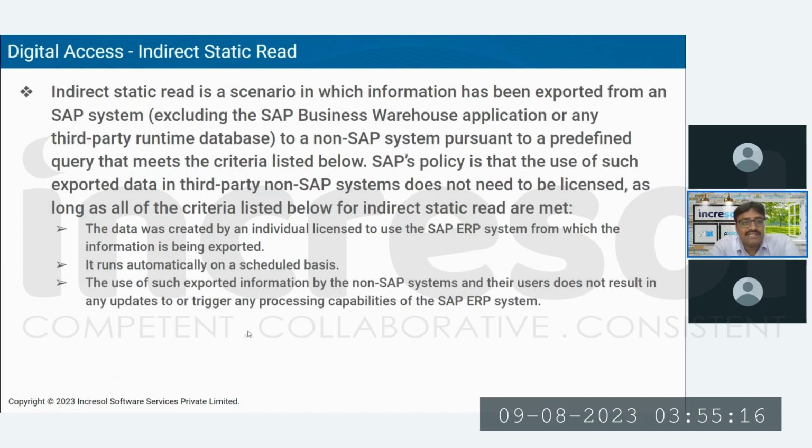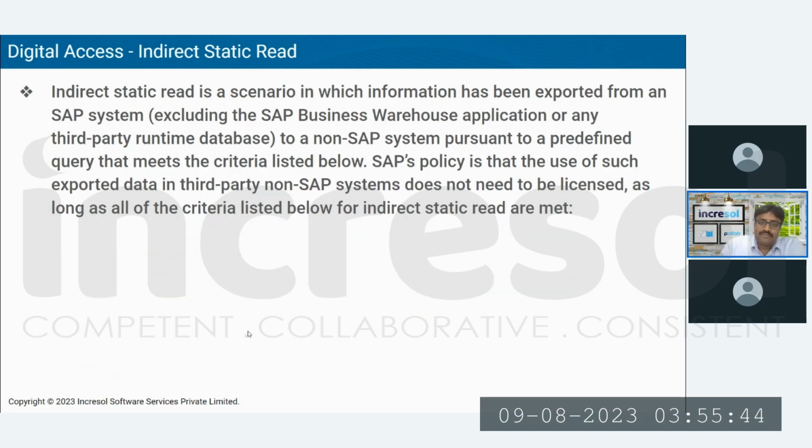And the use of such exported information, whatever you are exporting out of SAP and loading to the legacy system, is getting used for only analysis or analytical purpose. You are not performing any actions, and you are not pushing back anything to SAP for any updates. That means you are just taking the data out and you have done your job, but you are not bringing it back to SAP. So in that case, that will be constant. If these three conditions are satisfied, then we can consider it as a static read.